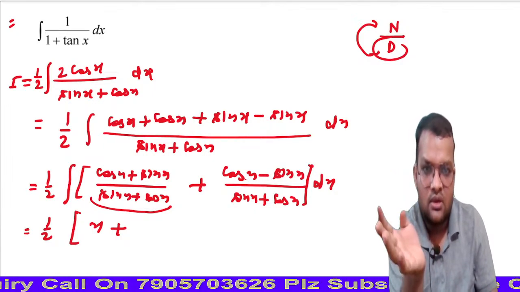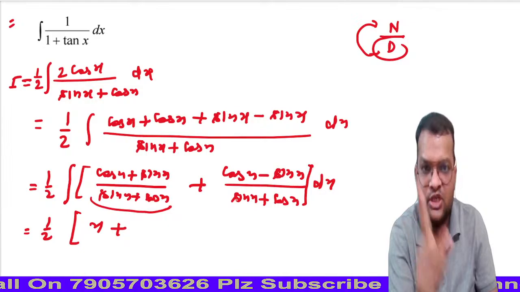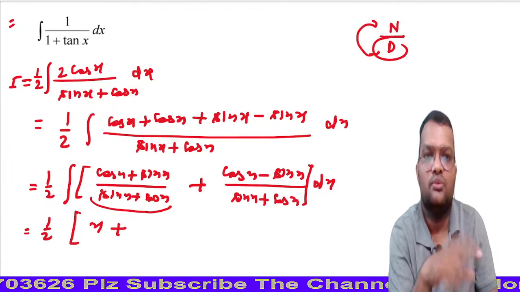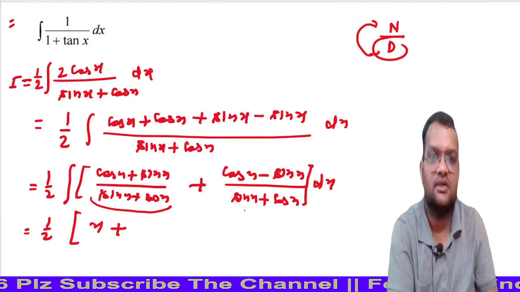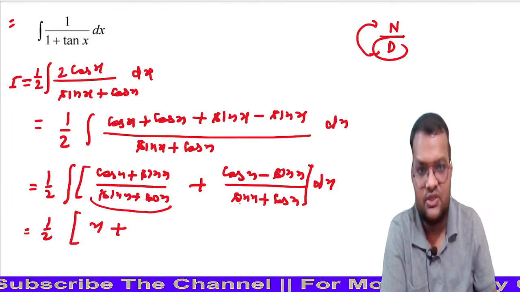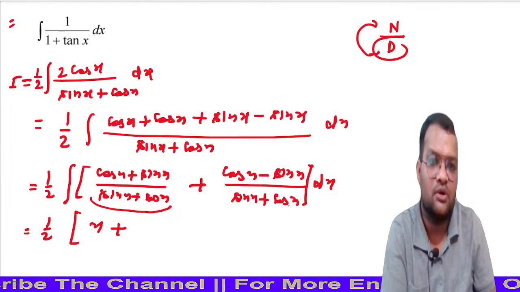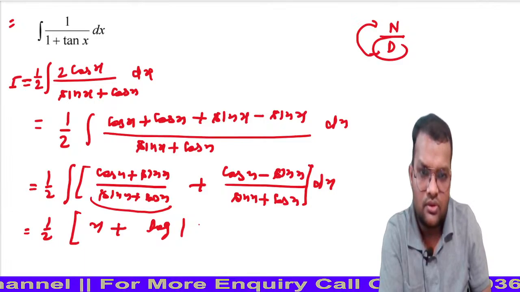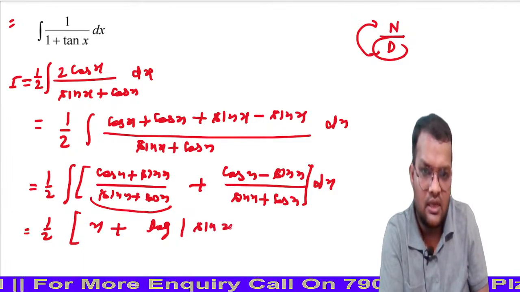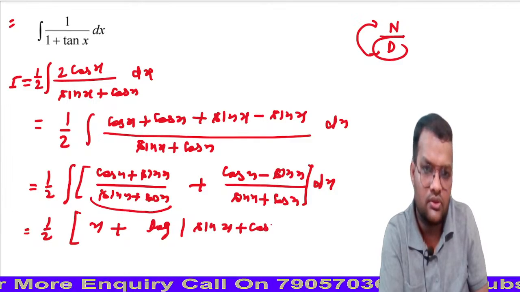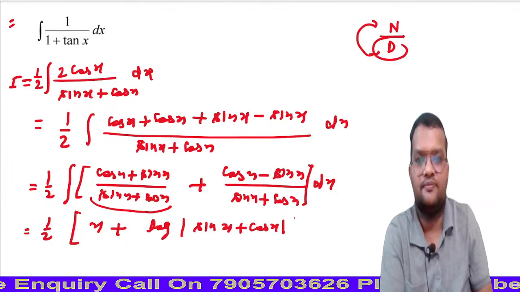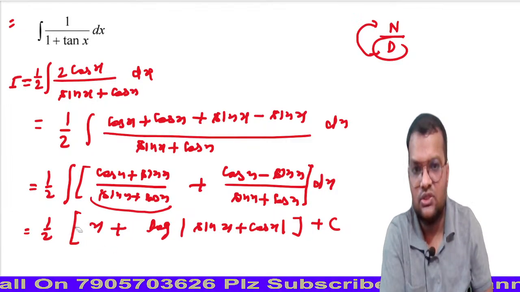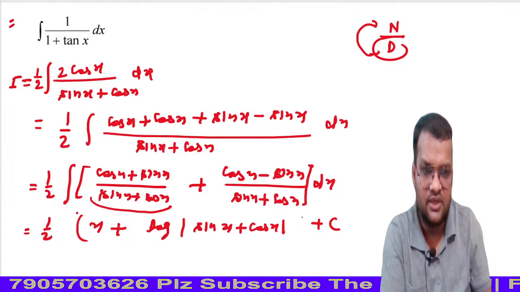There is no standard integration, but we need to differentiate the denominator. When you differentiate the denominator, you get the numerator. Is it or not? Yes. Differentiation of sin x is cos x, and differentiation of cos x is minus sin x. So it becomes log of sin x plus cos x, plus integration constant. So this is your answer. By making a small bracket, you can write this also.